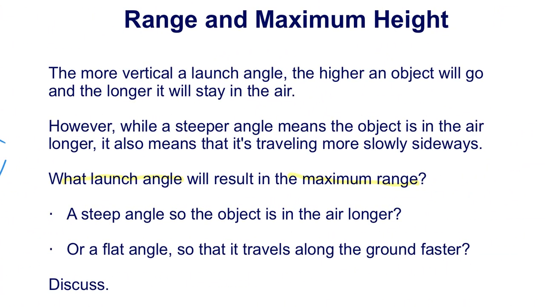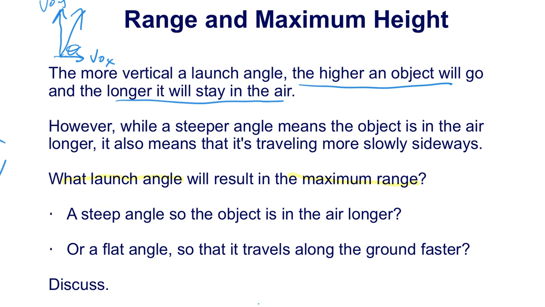Okay, so this is pretty common sense. The more vertical the launch angle, so the steeper the launch angle, the bigger will be the V0y, and the smaller will be the V0x. So the bigger the V0y is, the higher it will go, and the longer it will be in the air before it hits the ground.